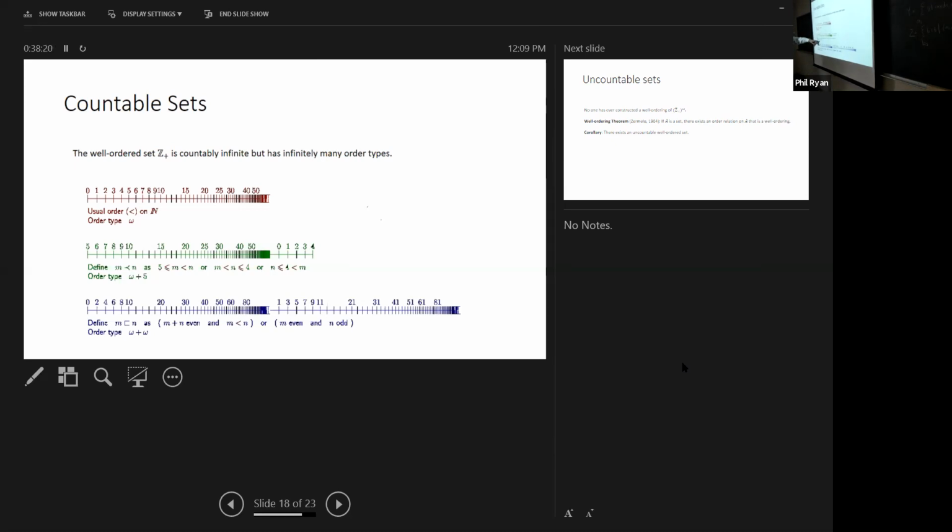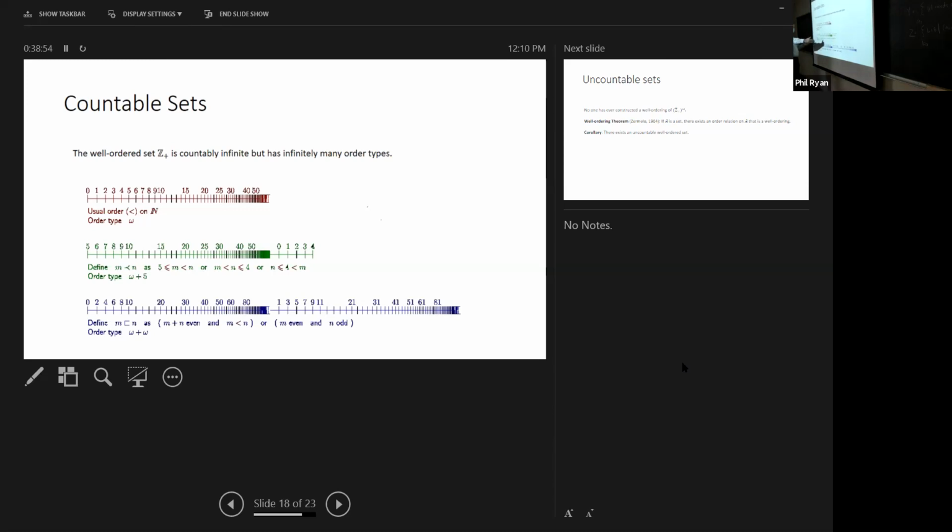But you can have omega plus 5, where we put the first 5 elements at the end, and now this is our order relationship. So we have a maximal element. This is different from the usual one, right? We can tell because this set has a maximal element, and the usual one doesn't. It has a second maximal, third, fourth, fifth, right?